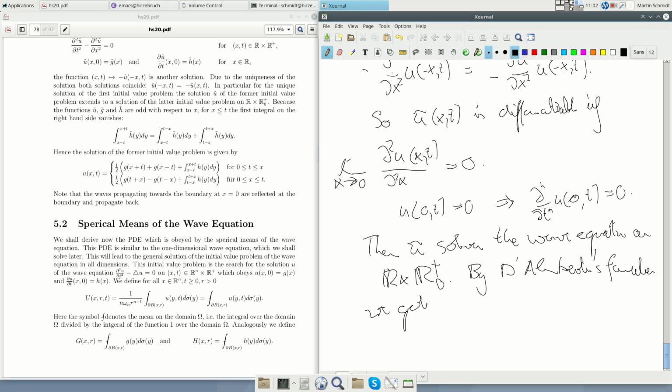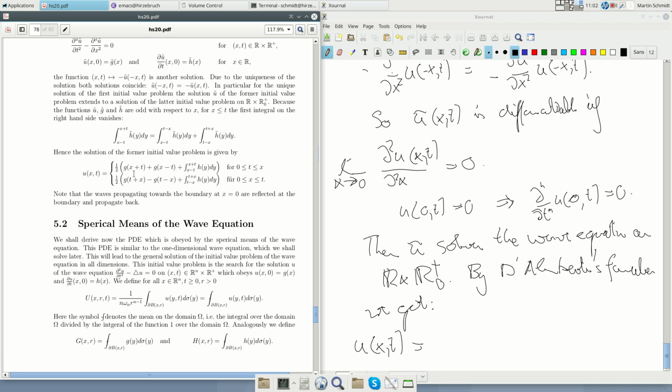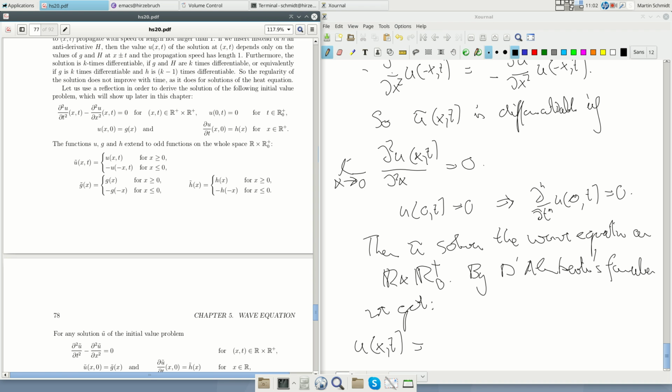we get, so now we just insert, of course, if x, we obtain this solution.